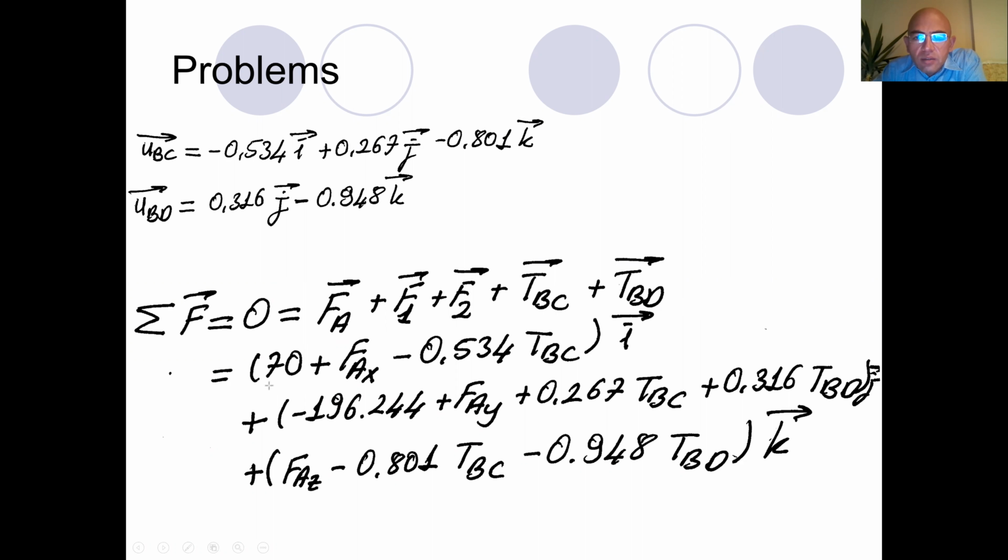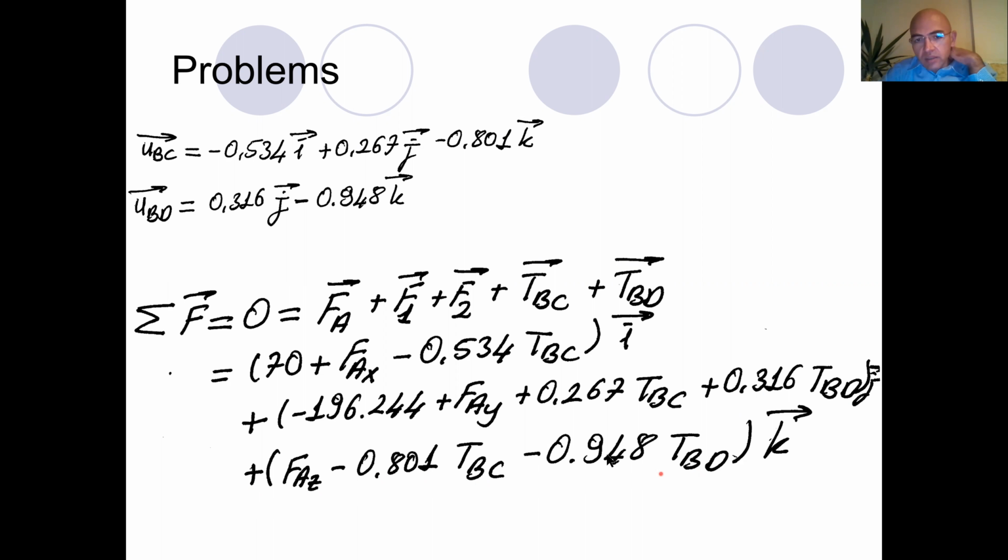Now, this gives us the following expression: 70 plus FAX minus 0.534 TBC I vector, plus minus 196.244 plus FAY plus 0.267 TBC plus 0.316 TBD J vector, plus FAZ minus 0.801 TBC minus 0.947 TBD.